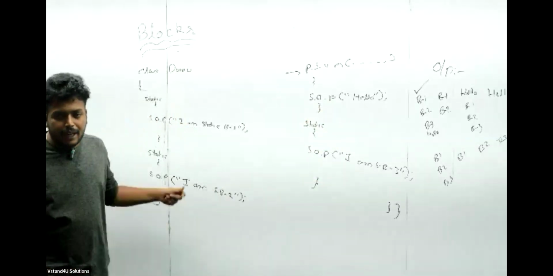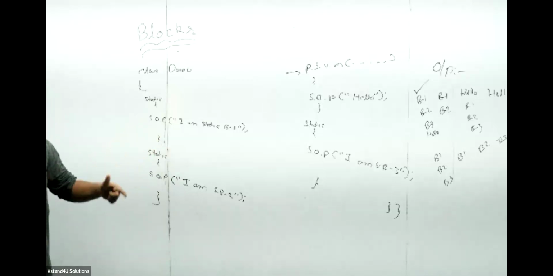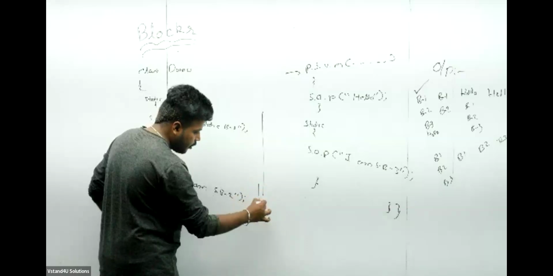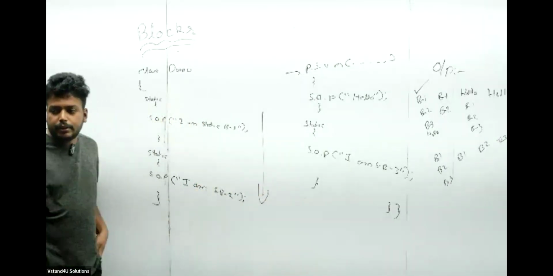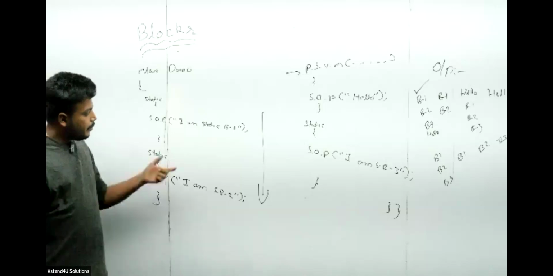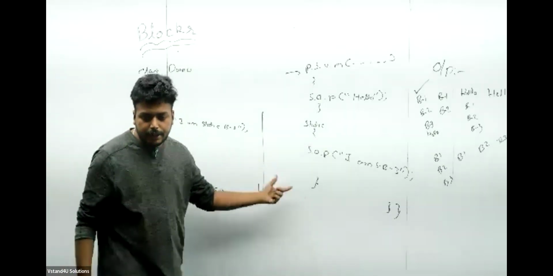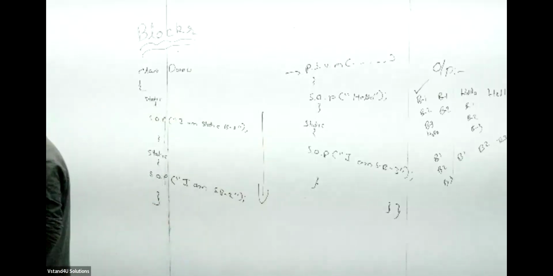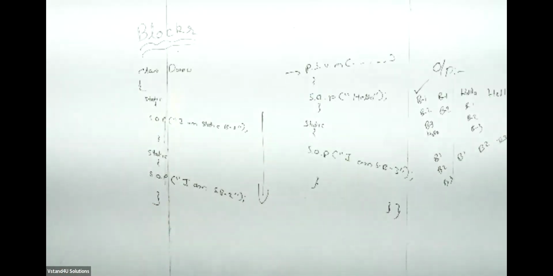When I take multiple static blocks, they will print in order of sequence only. Any doubts in this? Any doubts for online class students?